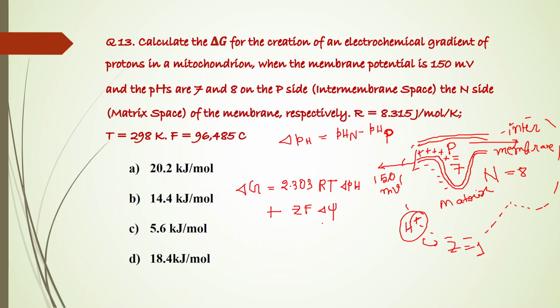So delta psi is the potential difference across the two sides of this membrane. The membrane potential is also given in your question, that is 150 millivolt. So put all the values in this equation and tell me what answer you are getting.